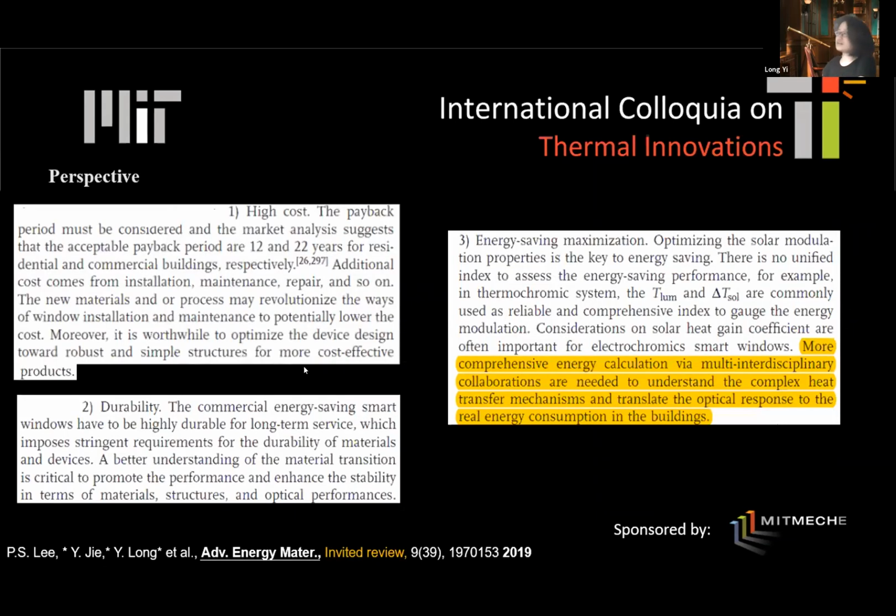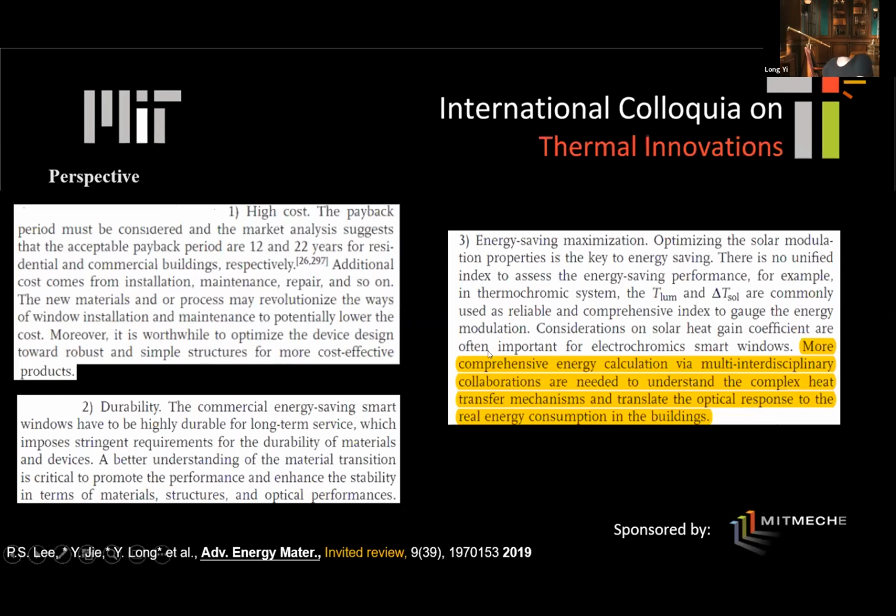And in this review paper, we also mentioned the problems for smart windows: high cost, and durability. Any material you want to put on a window has to last 20, 30 years. And also the energy saving maximization. It's very unfortunate that in my research community, nobody talks about heat. Everyone just talks about solar modulation, which means we only modulate the optical transmittance, about 380 to 2500 nanometer, the wavelength of solar transmission.